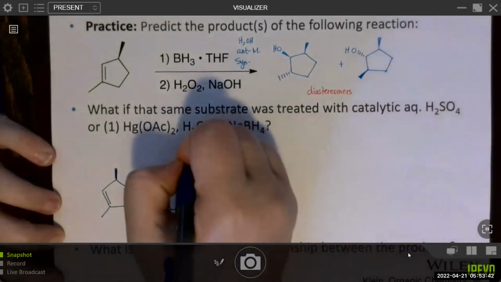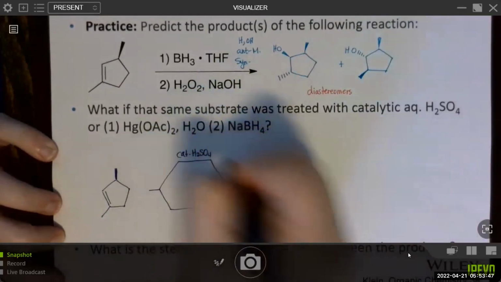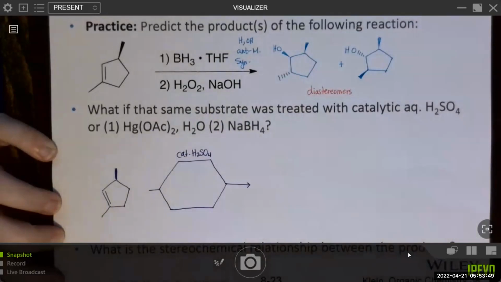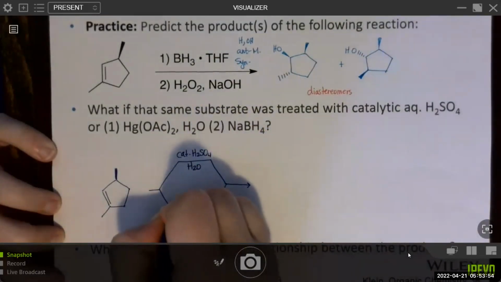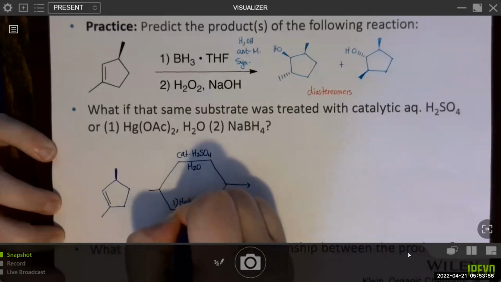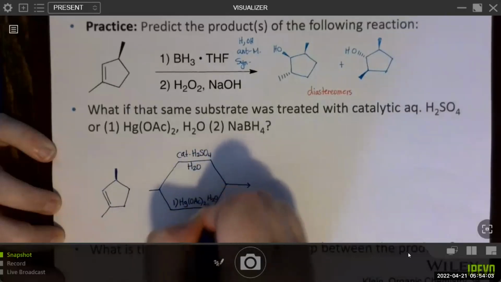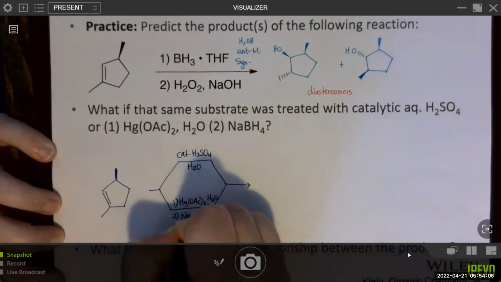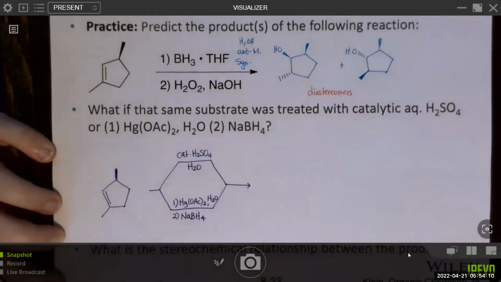So either we will do catalytic H2SO4, which of course means that there's also water present, or oxymercuration demercuration. You should be able to eventually draw out these conditions, knowing the reaction that you want to use.